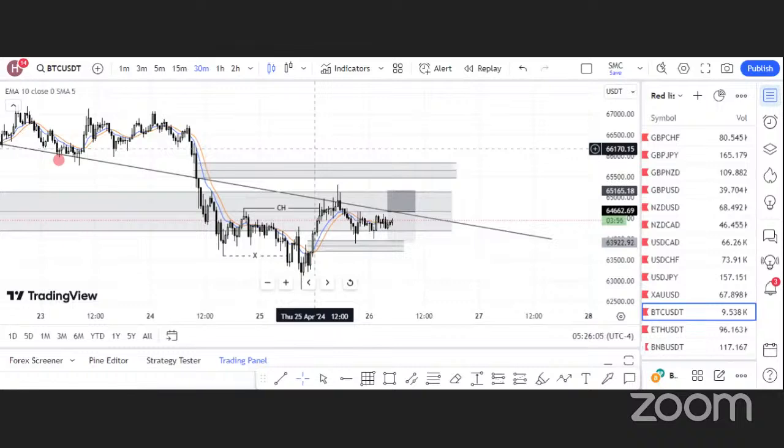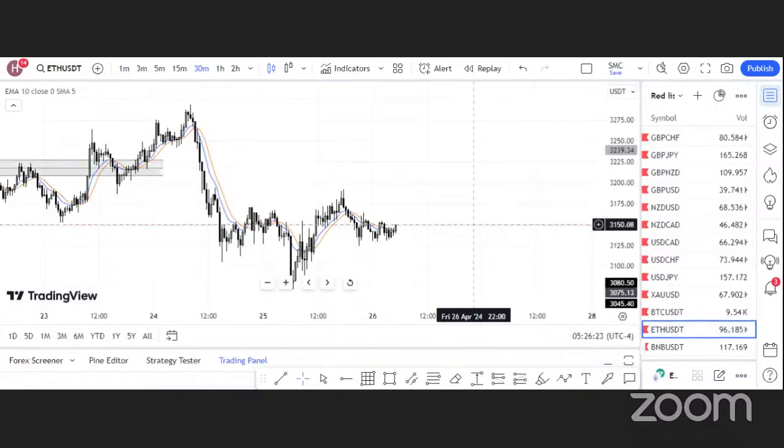All right, so guys, that's the analysis on BTC USDT. Okay, that's our analysis on BTC USDT. All right, so let's move to the next instrument.